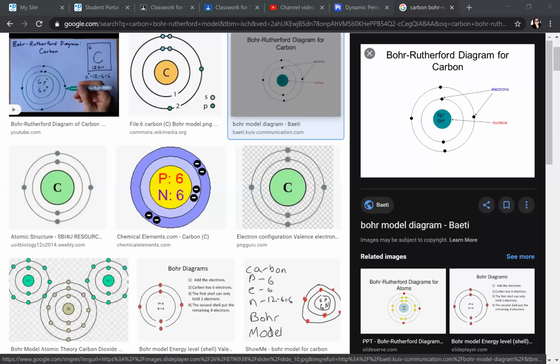So I think it goes 2, 8, 8, 18, and so on, as we get into the transition metals. So the main takeaway from both of these models: the Bohr-Rutherford model is going to show us the total number of electrons. Over here, we're just looking at what we call the valence electrons.